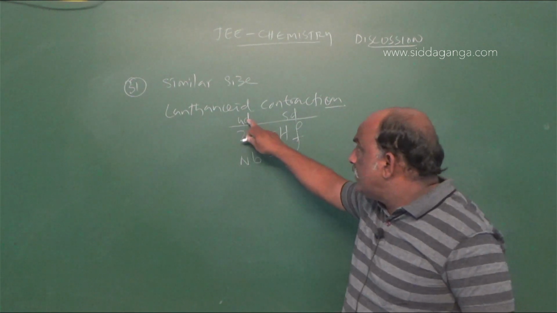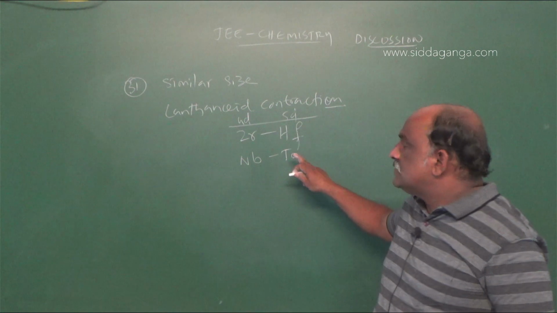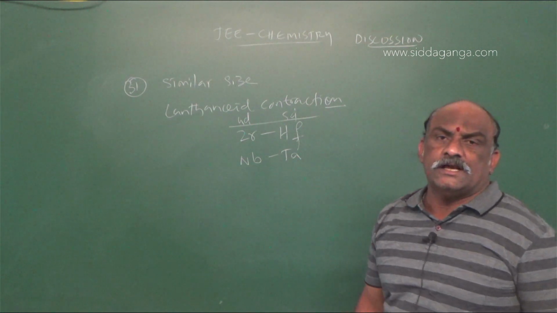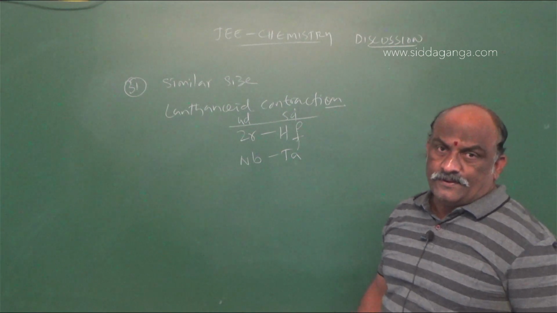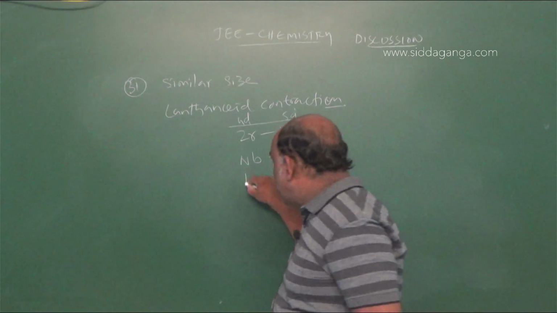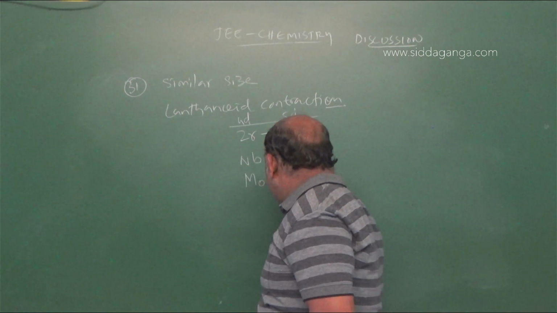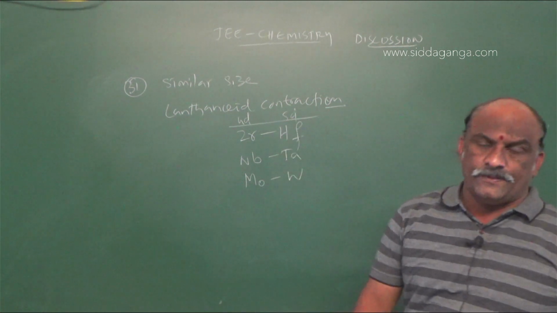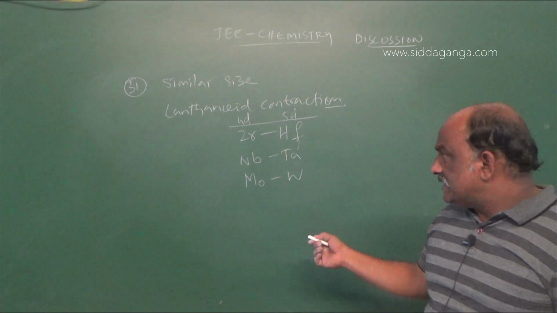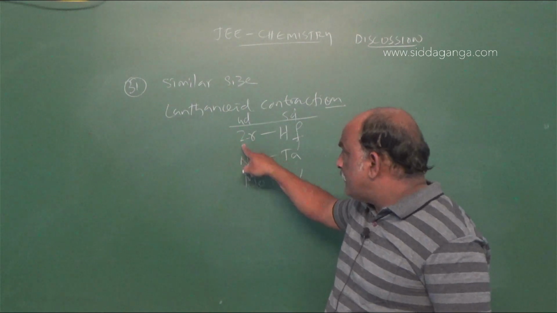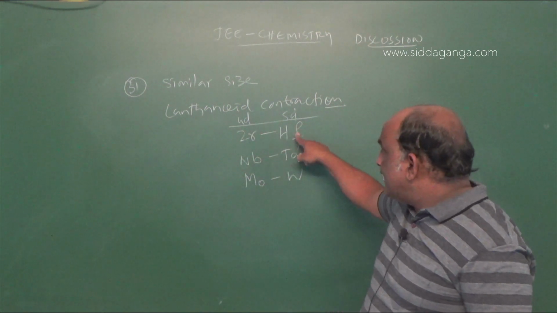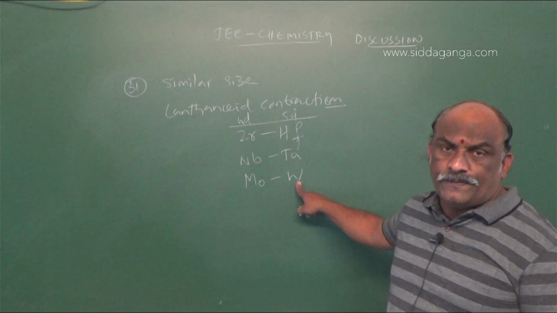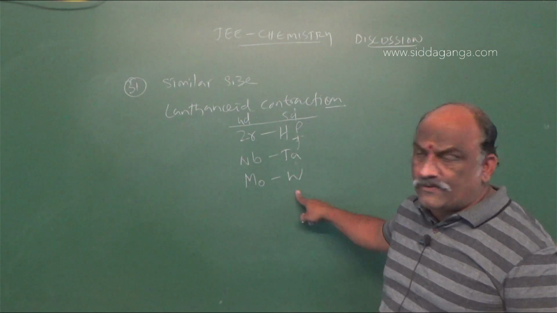Niobium belongs to the 4d series and tantalum to the 5d series. This is also a best pair regarding lanthanoid contraction. And the third pair is molybdenum and tungsten. Atomic numbers 40, 41, 42, and 72, 73, 74.